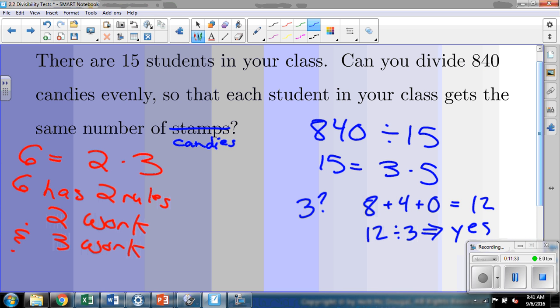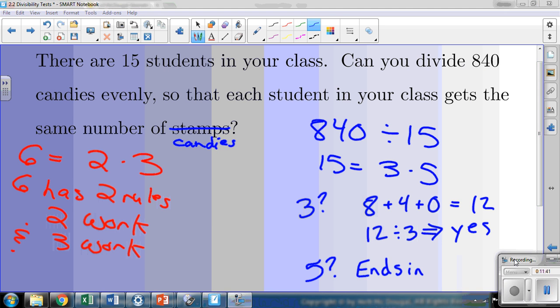That's not enough though. We also have to check the rule for 5. It needs to end in a 0 or a 5. Does it? Yes.